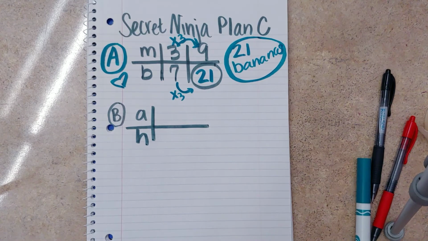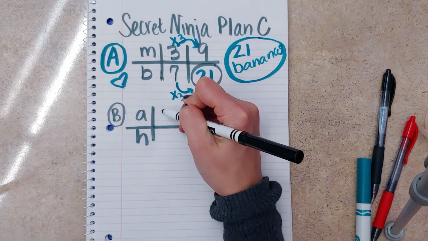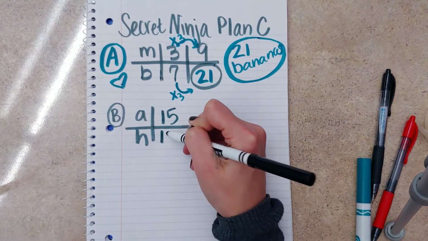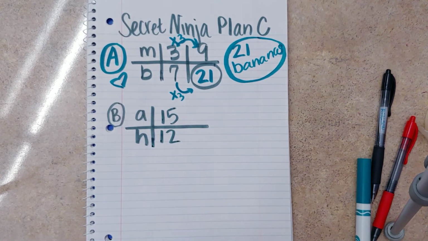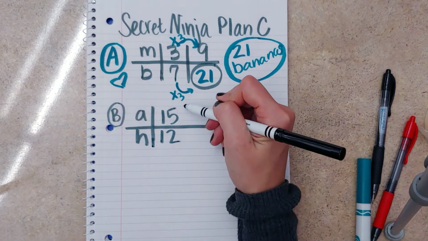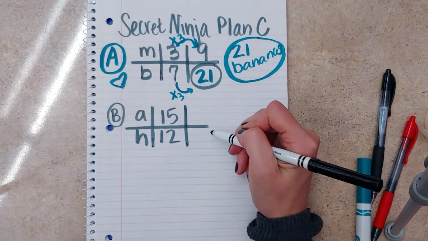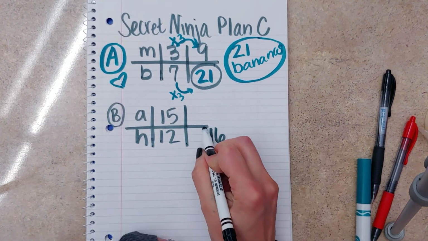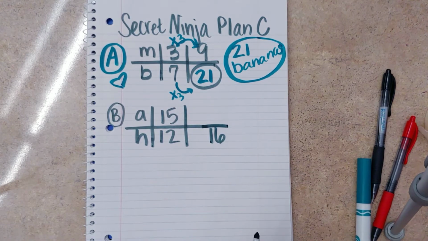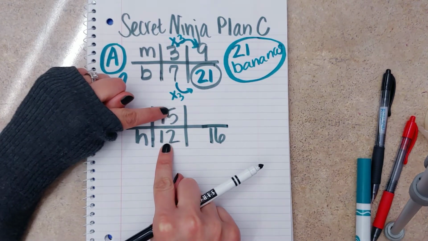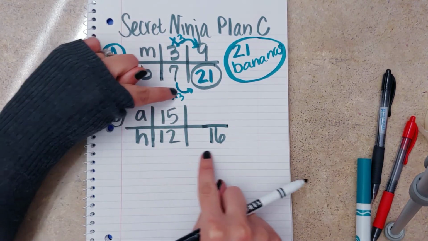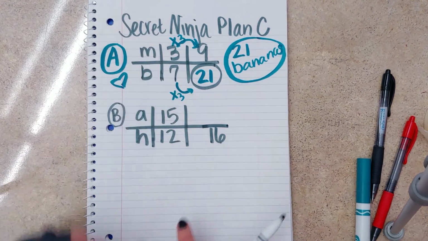So let's say that we have 15 apples for 12 horses. Okay. How many apples do we need for 16 horses? Okay, path of least resistance. Can I go from 12 to 16? Go from what we know to what we don't. It doesn't quite work out.